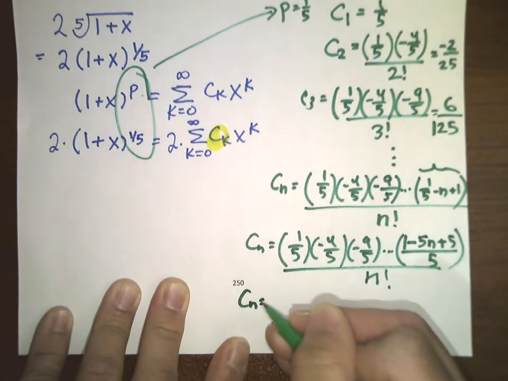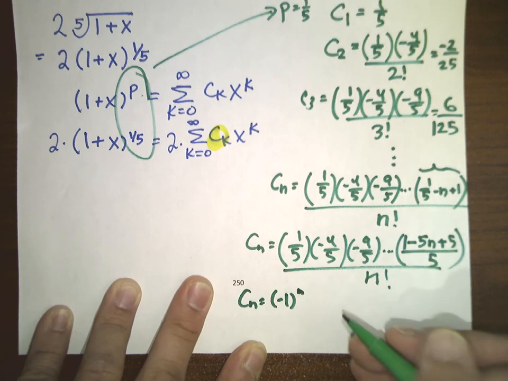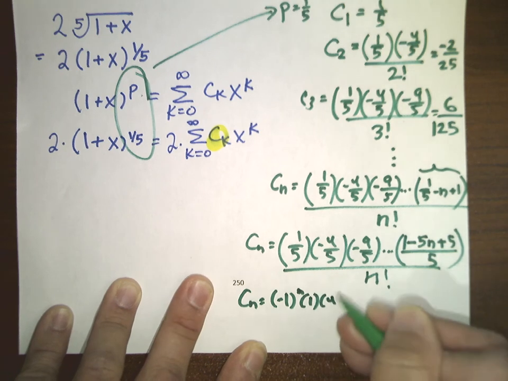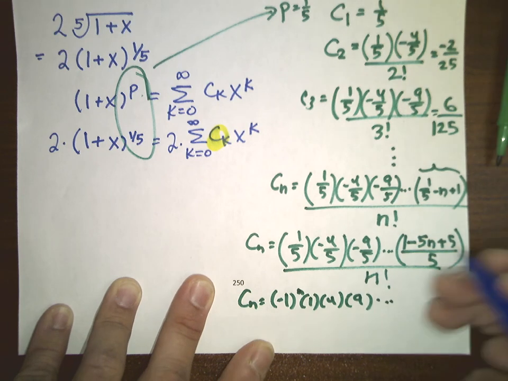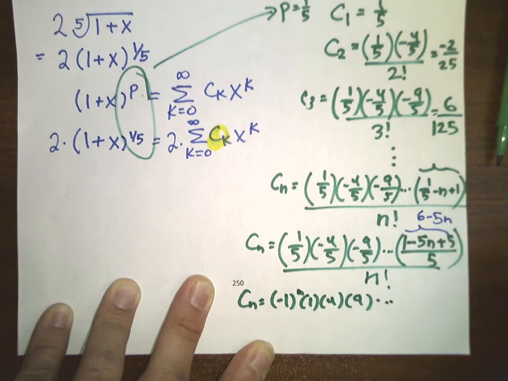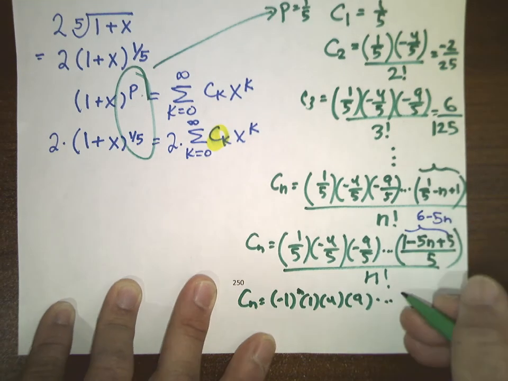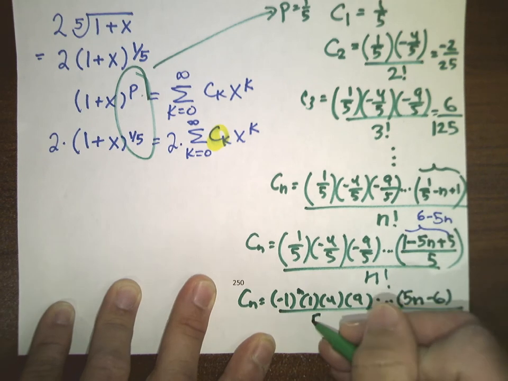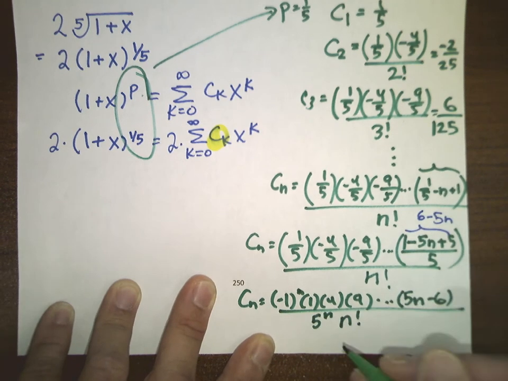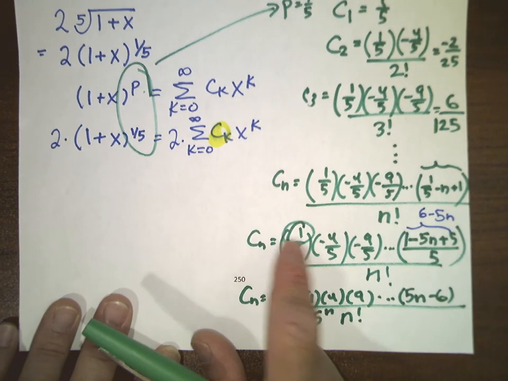So Cn is -1 to the n, and then this will be 1 times 4 times 9, and then all the way to, if I simplify the numerator, 6 minus 5n. So if I factor out the -1, I have 5n minus 6, and then all over 5 to the n and n factorial.